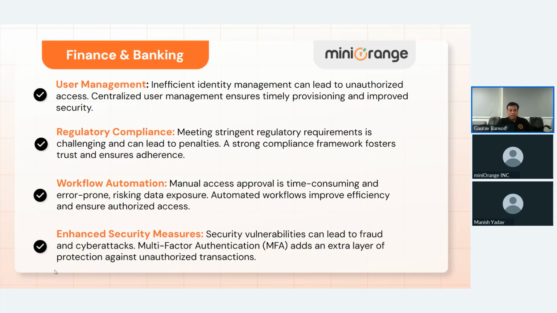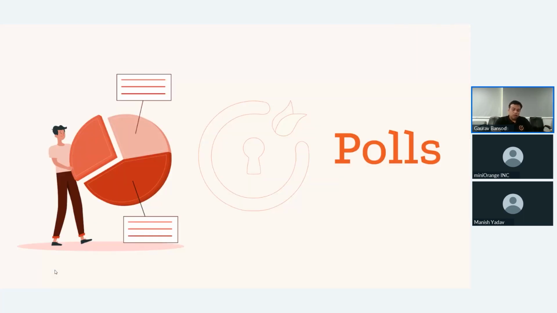So banking organizations are the most critical organizations in our country, and a lot of compliances talk about all these issues associated with identities. And we at miniOrange take pride in serving more than hundreds of fintech and banking organizations to protect their critical infrastructure. We'll be shortly back where we talk about how we do that.